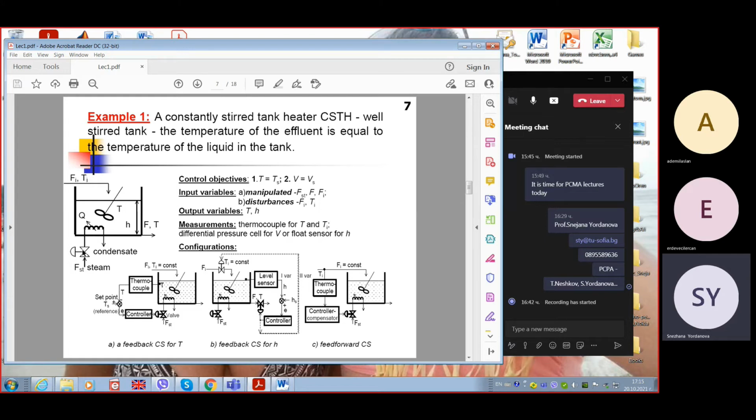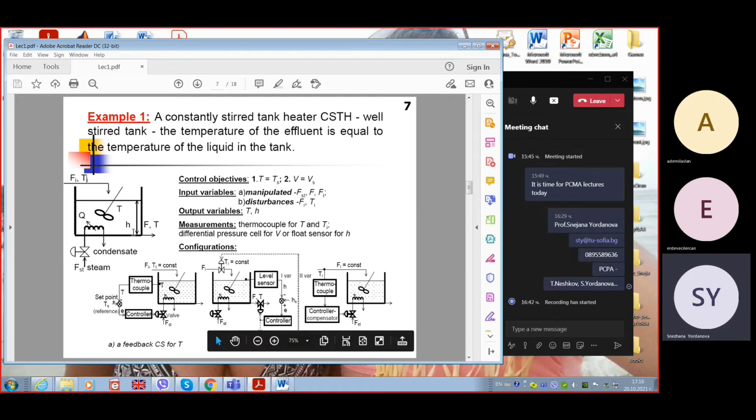As I told you, the opening in the valve is greater or smaller depending on whether this motor moves the plugging element more for closing or opens moving it in the other direction. So we control the flow rate through the voltage to this actuator, which is the output of a controller.